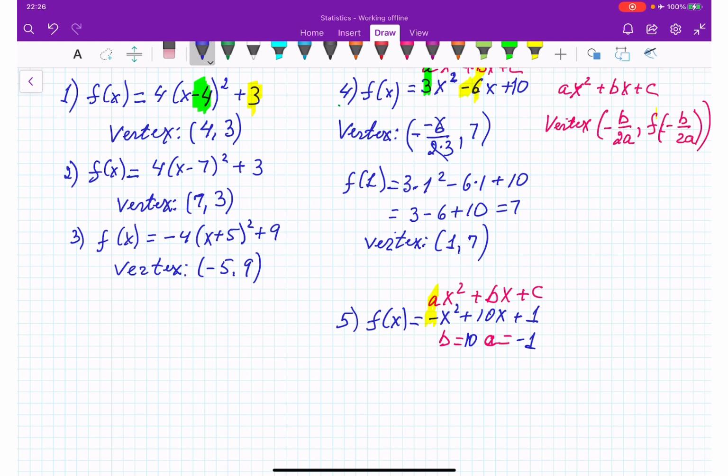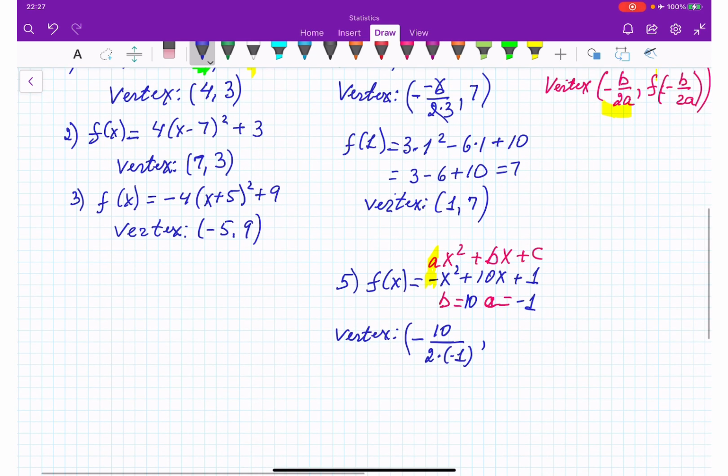Okay, let's solve it. So x of the vertex is going to be, I'm using this one, negative b over 2a. Negative, b is 10, so it's going to be negative 10 over 2 times a, which is negative 1.